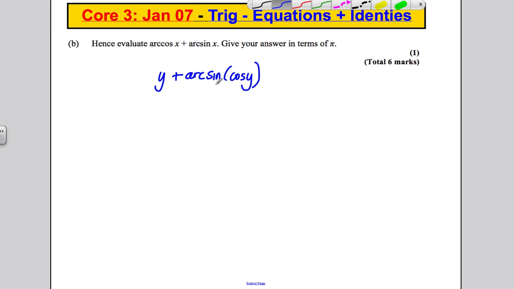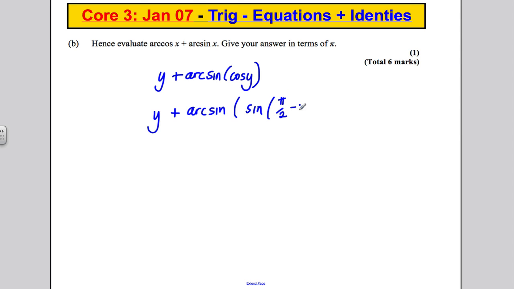Now, in order to simplify this, you could say that this is arc sine. Now cos y is the same as sine of pi by 2 subtract y, and that's because the cos graph is like the sine graph except a shift by pi by 2.